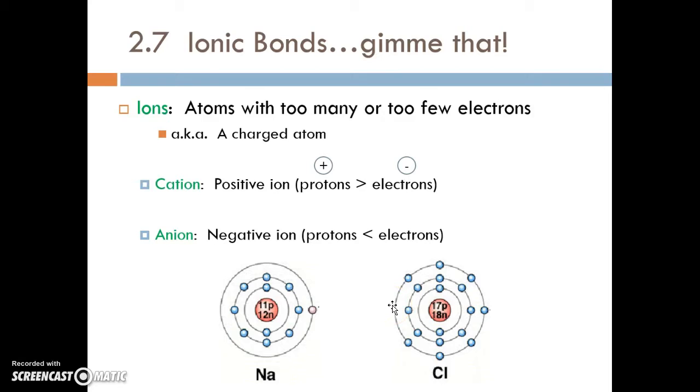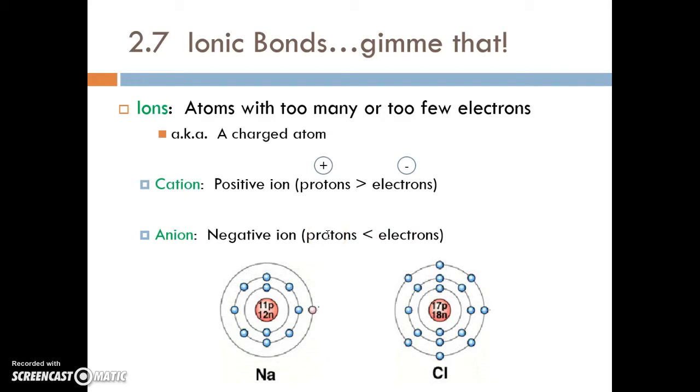So that's going to make him slightly negative. Over here, because he's lost an electron, he's now slightly positive. So when one becomes positive and one becomes negative, they sort of attract, sort of like magnets. So we call a cation something that's positive, so it has more protons than electrons. And an anion is something that is negative because it's got more electrons than protons.